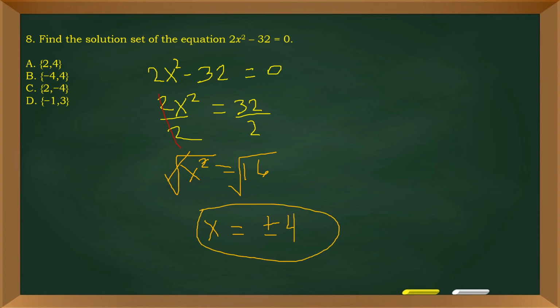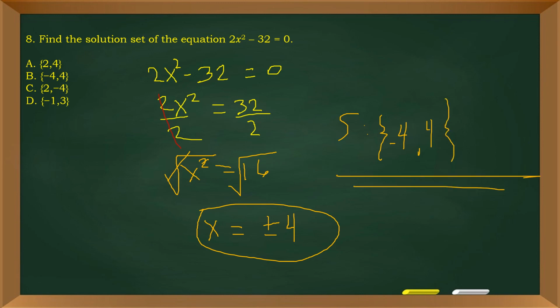So the roots, or the solution set S na lang is composed of elements negative 4 and positive 4. Solution is a set where the elements are negative 4 and positive 4. So our answer here is letter B.